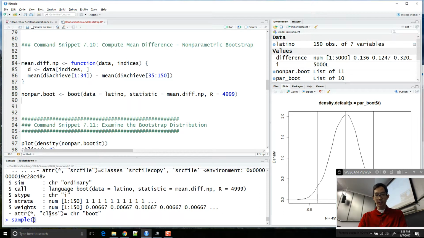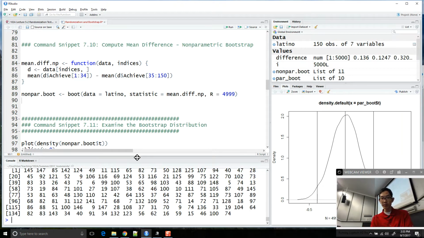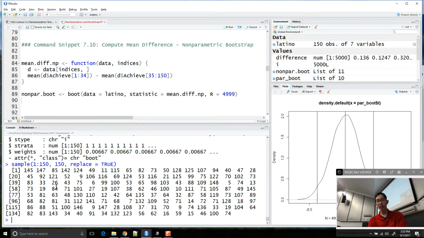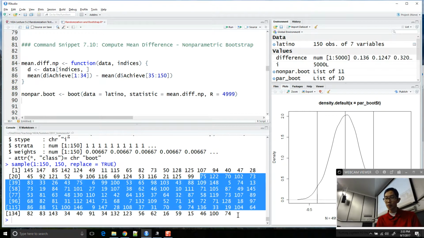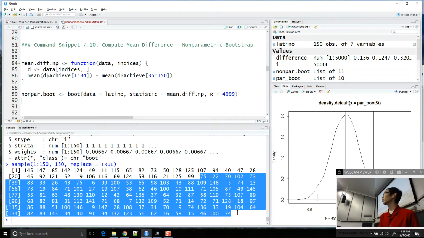What it's effectively doing is sampling values 1 through 150, we want 150 of them, with replace equals TRUE. It returns 150 values sampled from 1 through 150, and it selects these rows. Based on these rows, the first 34 of these values go into group 1, and the remaining rows get selected and put into group 2.